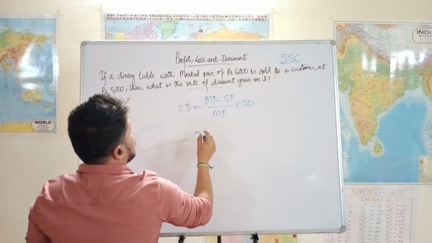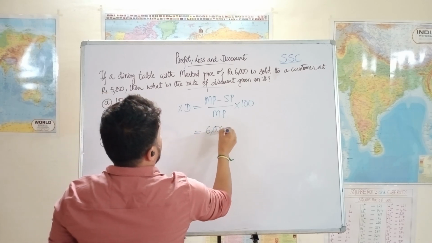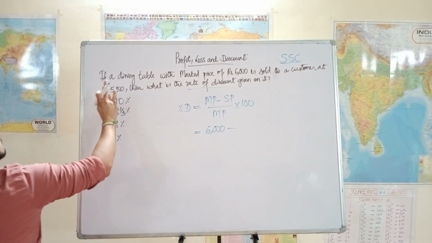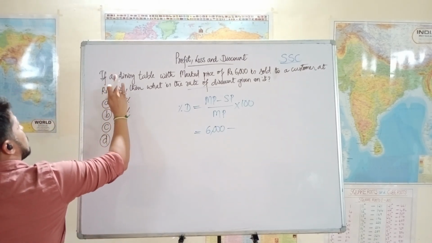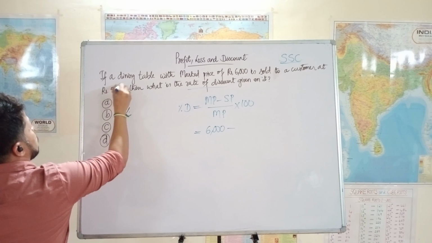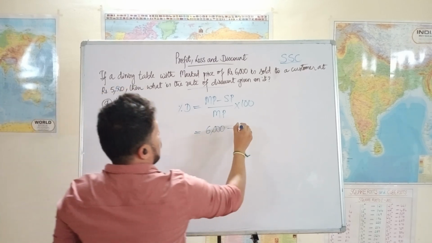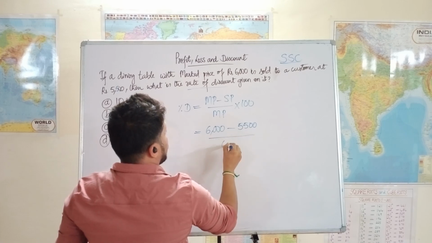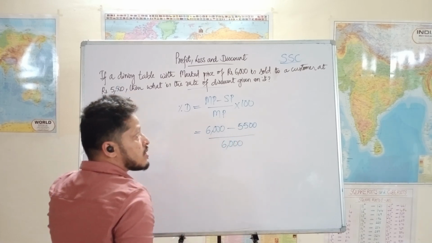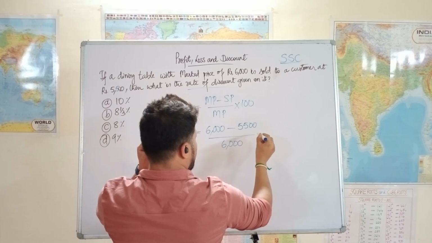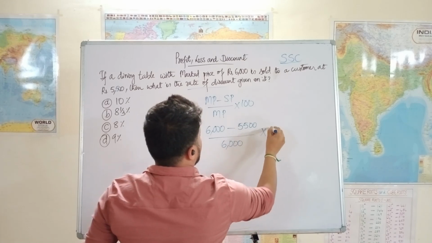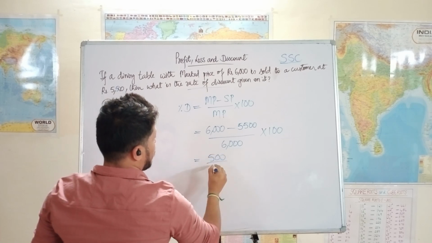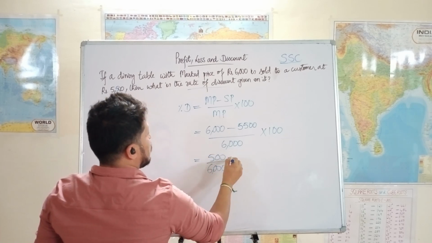What is mark price here? 6,000 minus, it is the correction. This must be 5,500. Okay. 5,500 divided by 6,000 into 100. So it is 500 divided by 6,000 into 100.